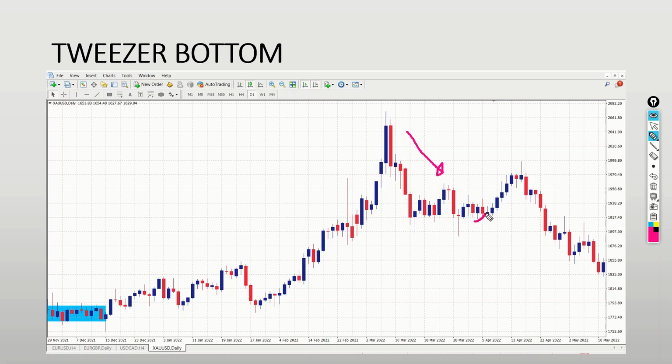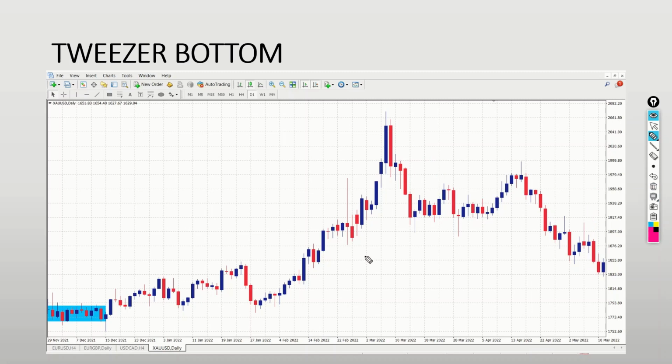And then you form these candles here, which share similar bodies. These are the tweezers. Another tweezer, we have this one here. Irrespective of the wicks, they share the same bodies. They're all equal bodies. You can see, so we expect a change in trend to an uptrend.